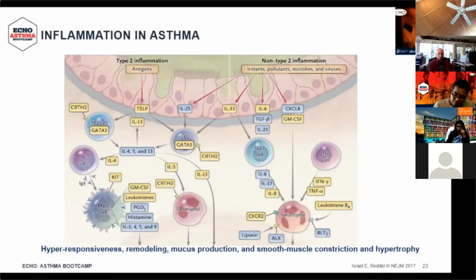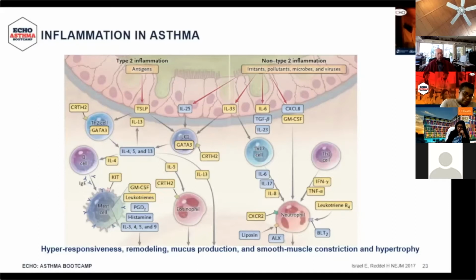IL-5 is extremely important for eosinophil stimulation and sustenance. And a lot of the inflammation we see in type 2 asthma or type 2 inflammatory asthma is associated with this eosinophilic inflammation. On the right side of the screen is non-type 2 inflammation. This often gets triggered by exposures to irritants, pollutants, microbes such as bacteria or viruses that creates a series of downstream cascade that triggers the Th17 and the Th1 cells to produce additional molecules.